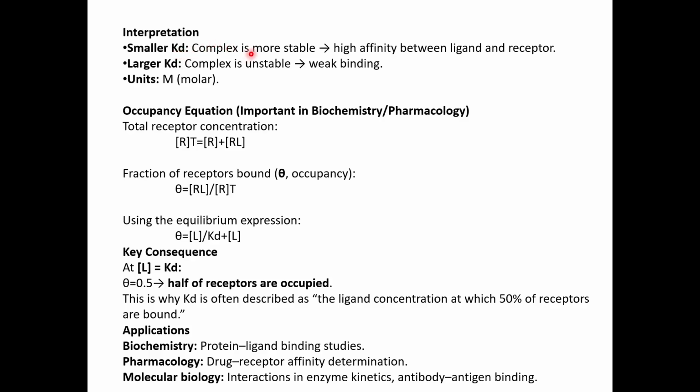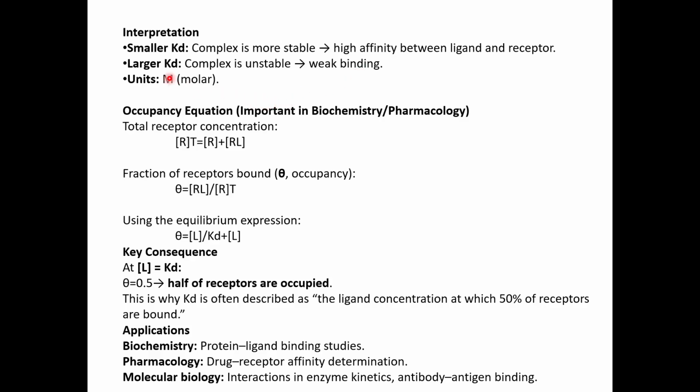It has more affinity, so it has high affinity between the ligand and the receptor. Therefore, it is highly stable. When the KD value is large, that means the affinity between them is very weak, the complex is unstable, and the binding is also very weak.